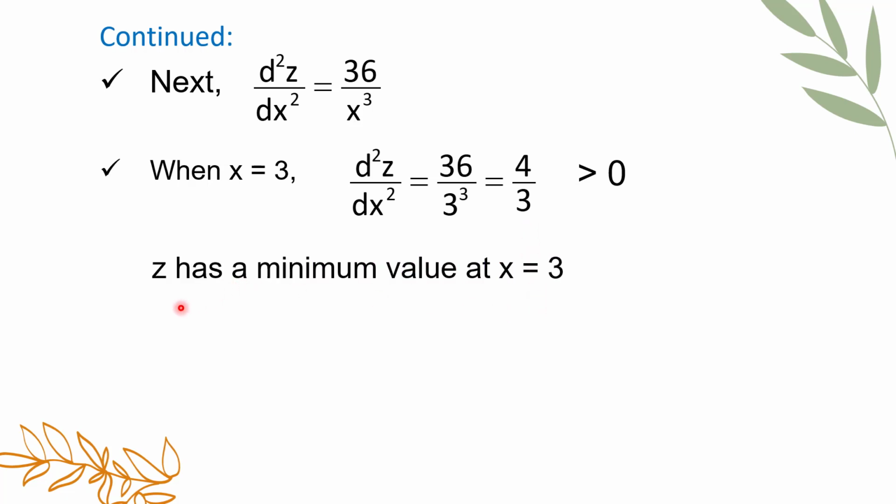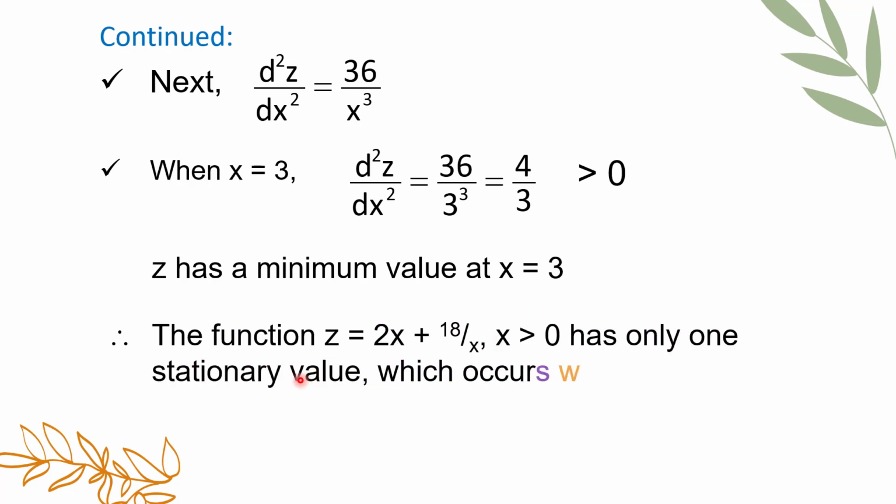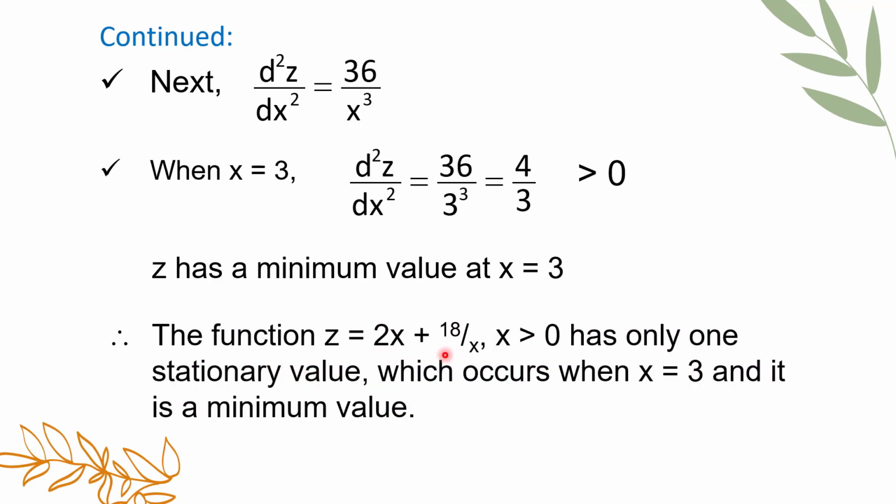Since it is positive, z has a minimum value at x equals 3. Then the function z equals 2x plus 18 over x, for which x is greater than 0, has only one stationary value, which occurs when x equals 3, and it is a minimum value.